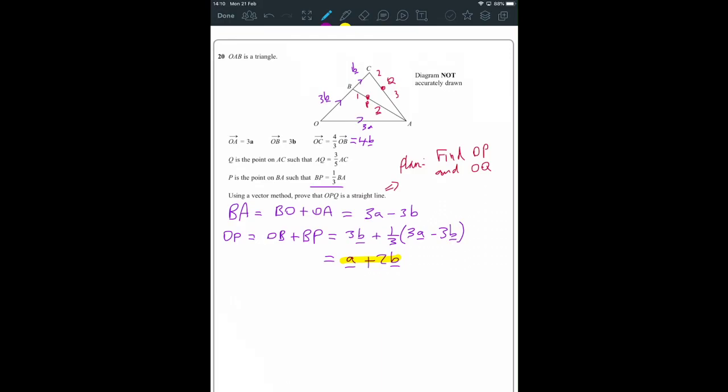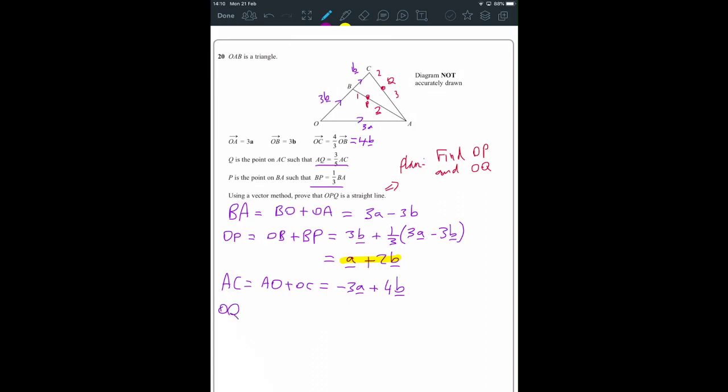Now O to Q, I can go via C or I can go via A. I'm actually going to go via A because that's the direction where this relationship is written. So let's first find A to C. Well, A to C has to be A to O plus O to C. A to O is negative 3A. O to C is 4B, as already noted when we were labeling our diagram.